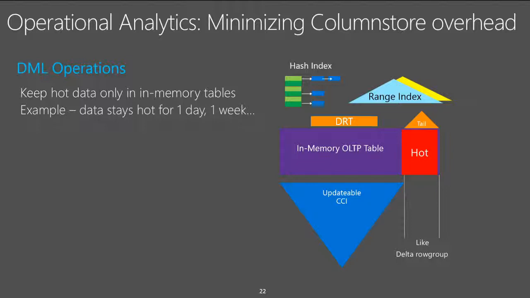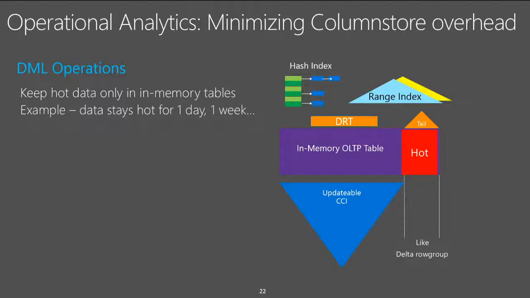I mean, you know that in your workload, the data stays hot for a few days and then it becomes cold, right? In fact, we did a customer survey. We found around 30 to 40% of people said they know in their workload the data is hot only for a certain duration of time, okay?